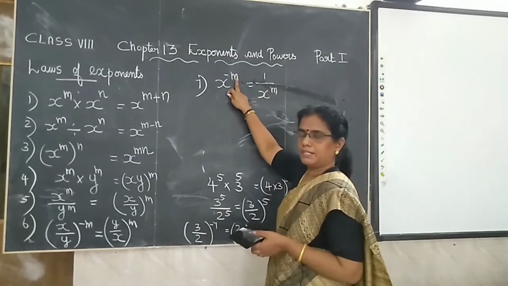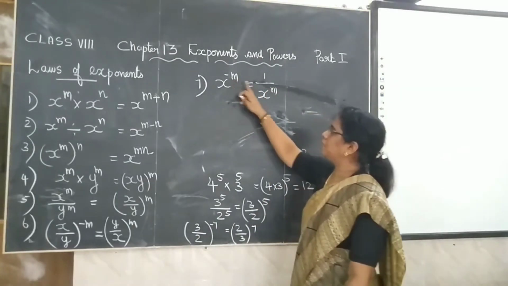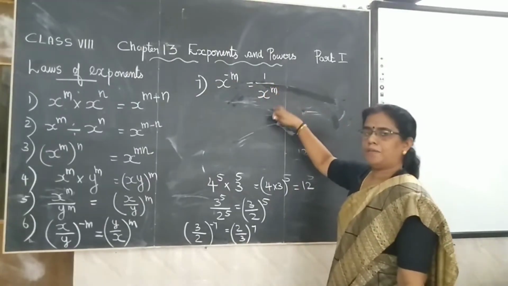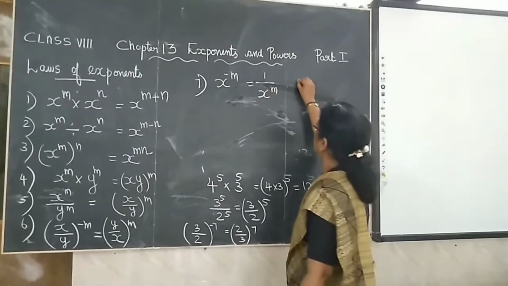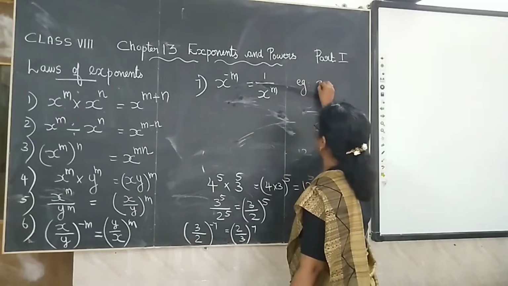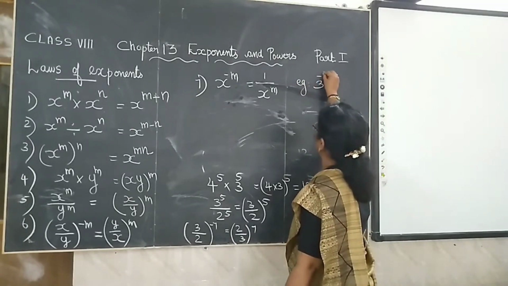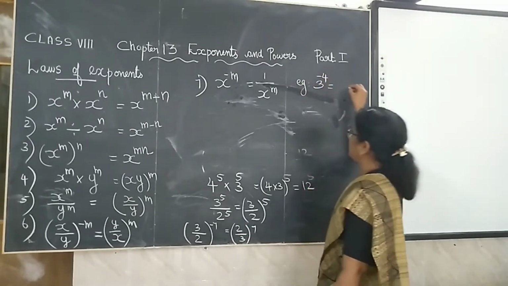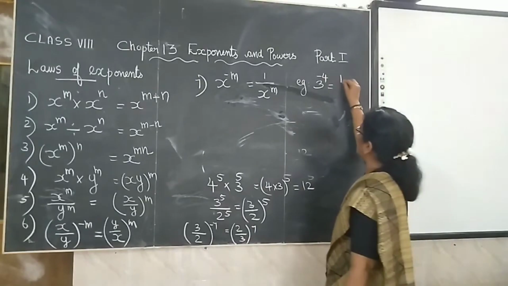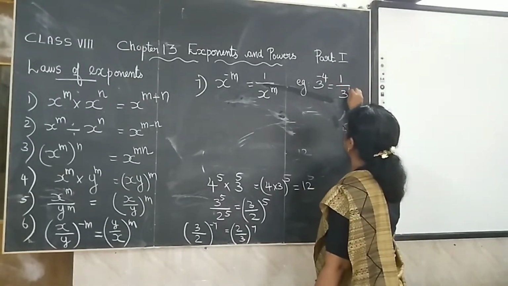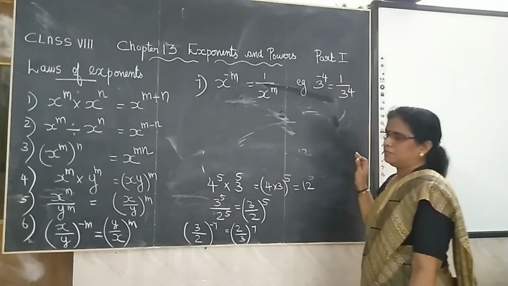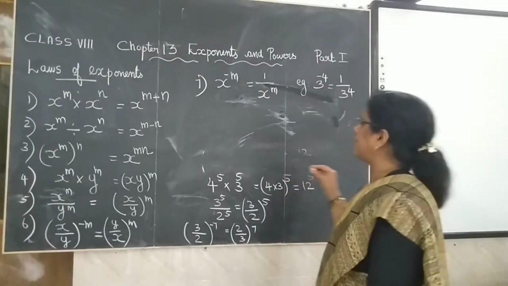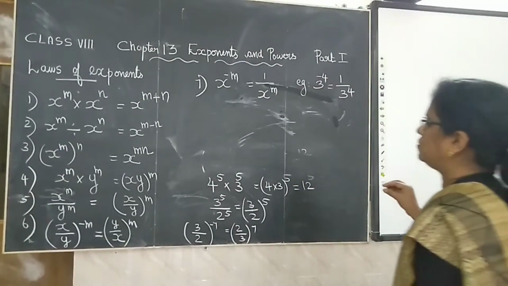X raised to minus m, we can change the power to positive by taking 1 by. For example, 3 raised to minus 4 we can write as 1 by 3 raised to 4.